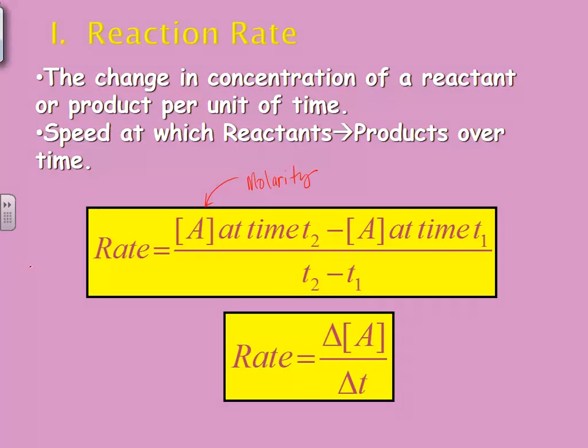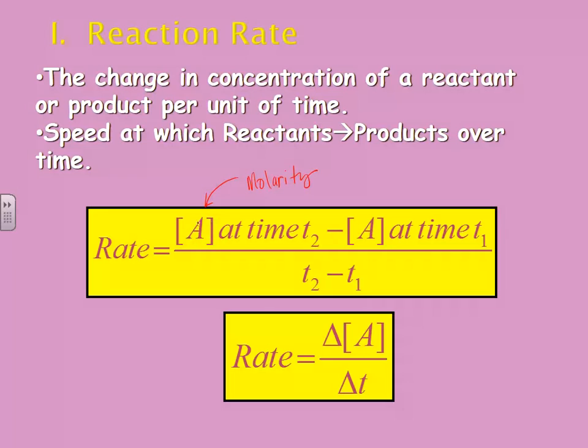Reaction rate is defined as the change in concentration of reactant or product per unit of time. Another way of saying that is it's the speed at which the reactants change to products over time. We can write that as an equation where rate is equal to the concentration. Remember, the square brackets around a formula mean concentration.